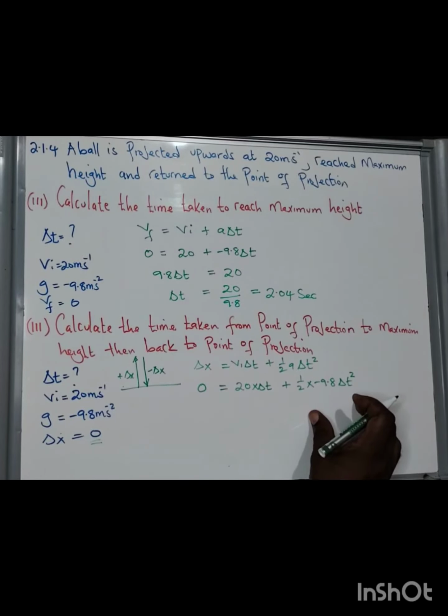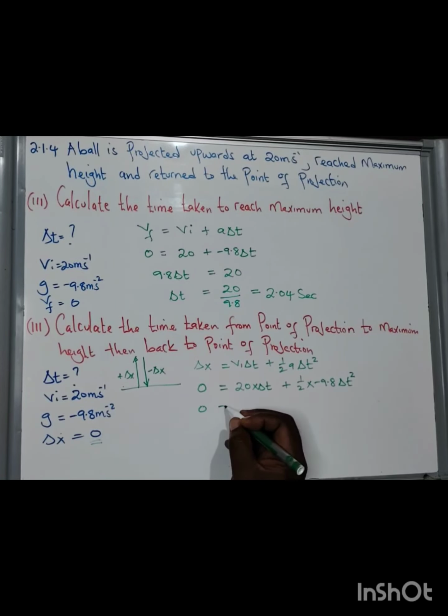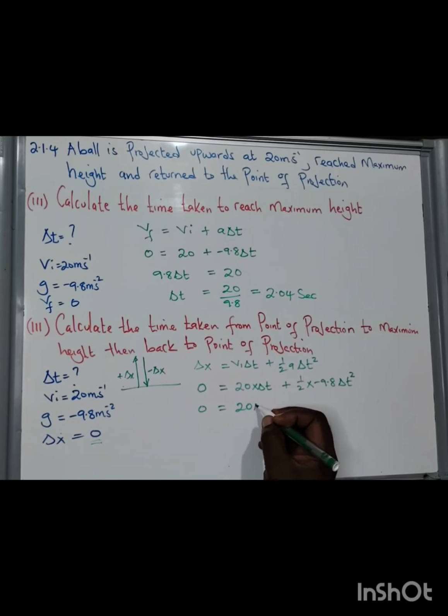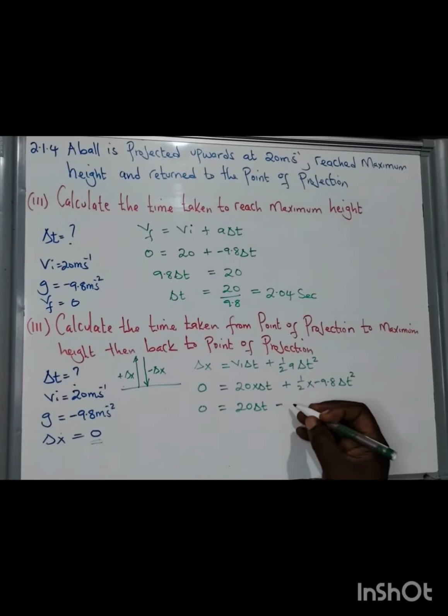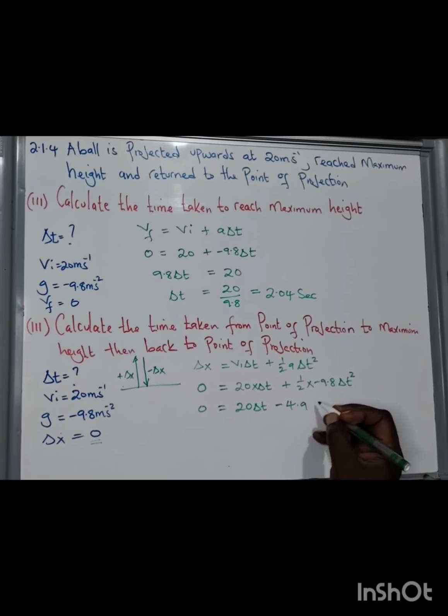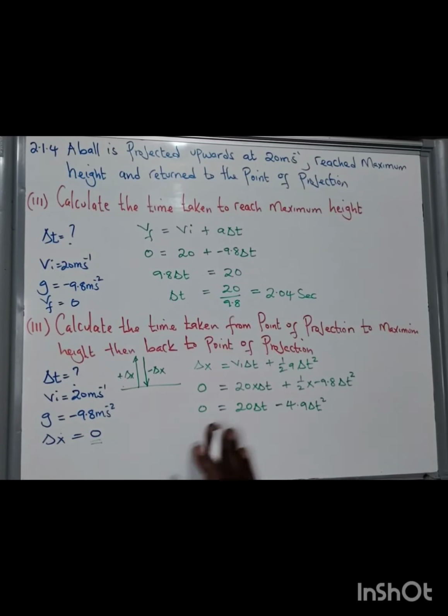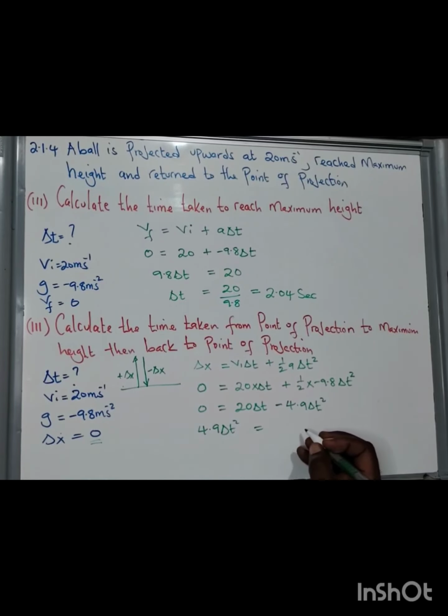When you reach this level, you can simplify and say 0 is equal to 20 delta t minus 4.9 delta t squared. With that, what do we do? This one can come this side and becomes 4.9 delta t squared is equal to 20 delta t.